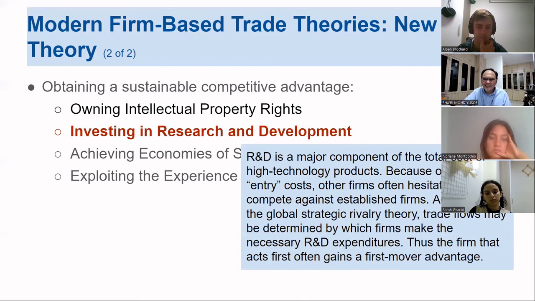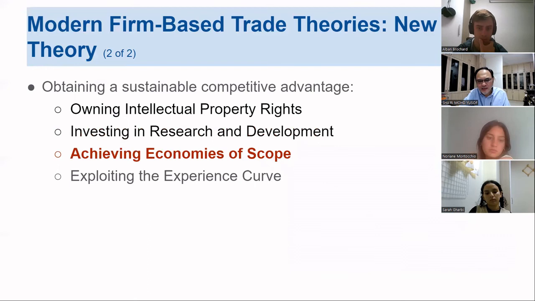It's too much. So that's achieving economies of scope. Just now it was scale. Scope is in terms of type of product. The difference between economies of scale and economies of scope is the number of different products that you have. That's why Toyota, do you know that Toyota also produces marine products, jet skis and so on?